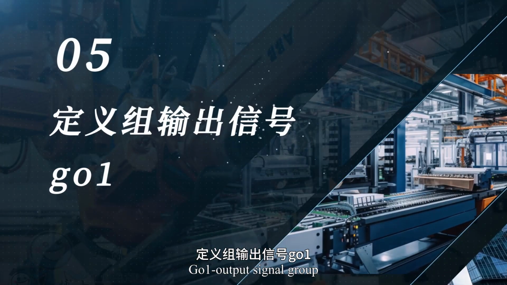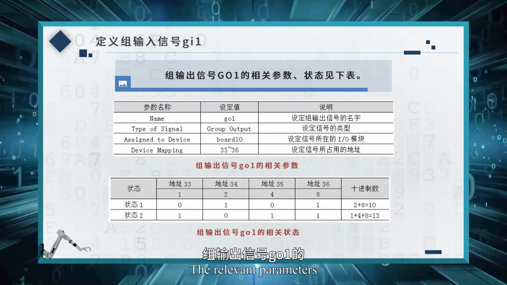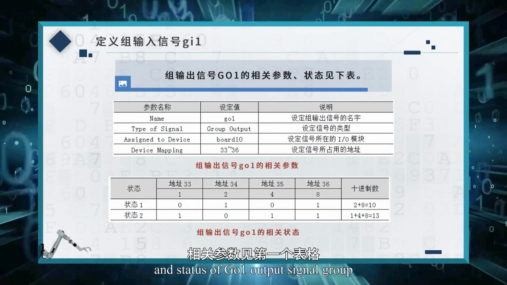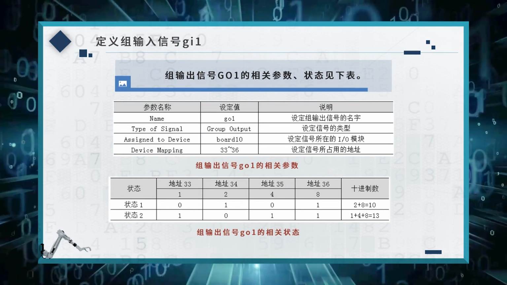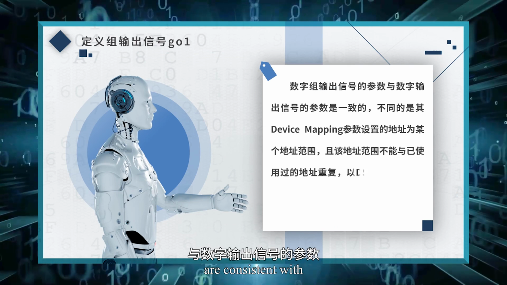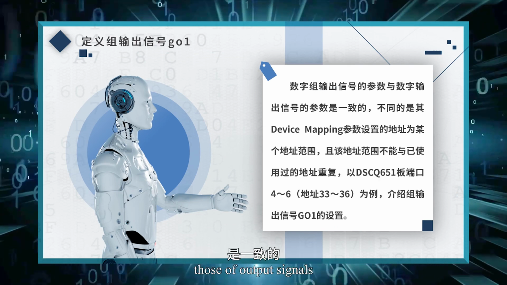GO1 output signal group. The relevant parameters and status of GO1 output signal group are shown as following. The parameters of the output signal group are consistent with those of output signals.